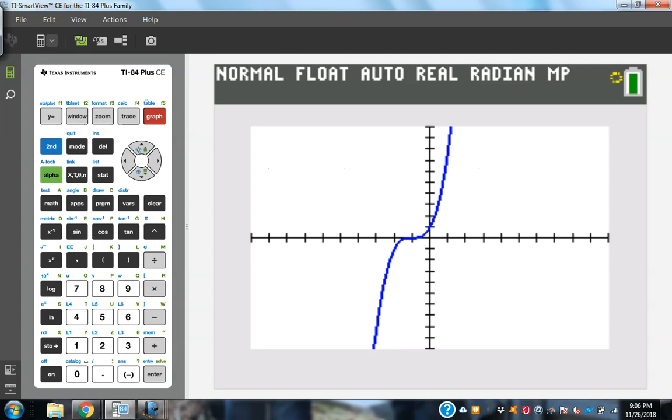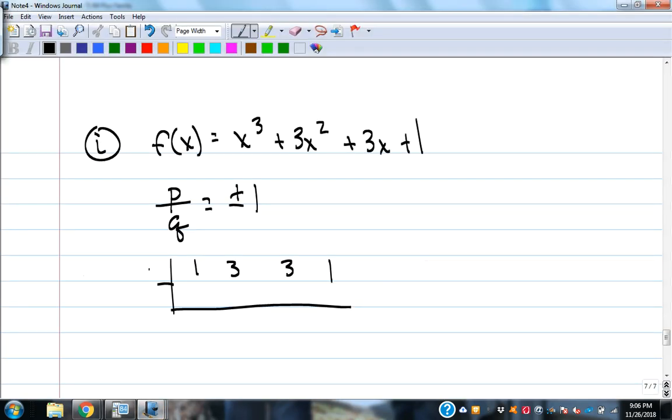All right, this is a weird one. Where's it crossing the x-axis at? At negative 1, right? If I hit trace and type in negative 1, I get a 0 for y. So that means I can use negative 1 on my synthetic.